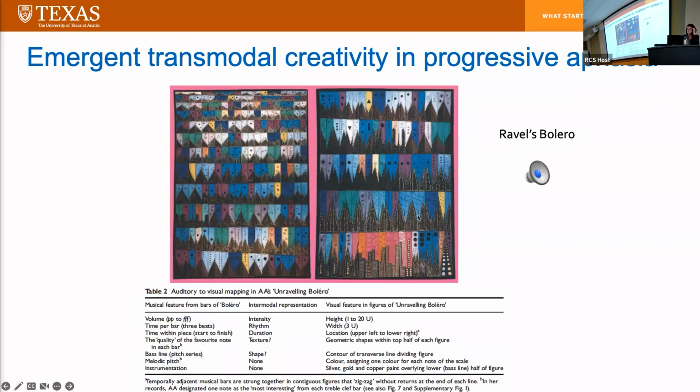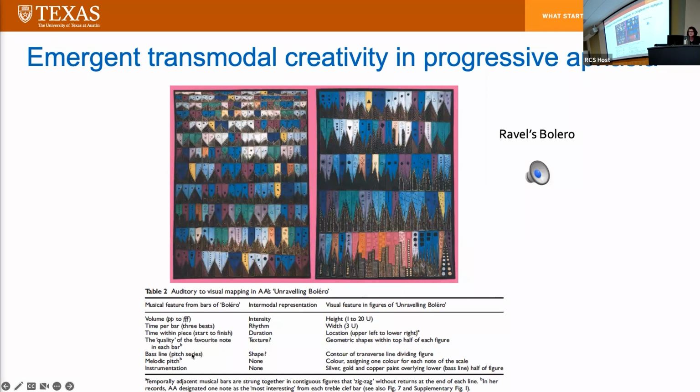And so now I'll call your attention to some of the visual elements in her painting. So the beginning of the song is represented over here, and each of these vertical elements represents a bar in the piece of music. And you can see that the bars are short over here. Here at the end of the piece, they're very tall because height of the bar represents loudness. So that's one aspect.